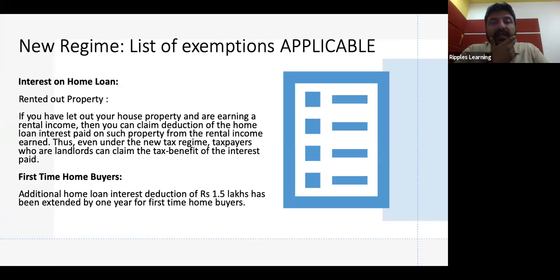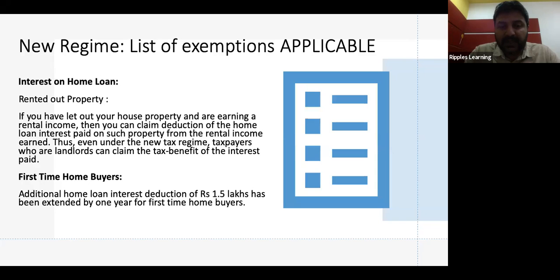For example, interest on home loan on rented out property. So let's say you have bought a house and you have rented it out to somebody, then the interest that the bank is charging you minus the rental that you are getting, that amount is exempted. Even in the new tax regime, this amount will be exempted.